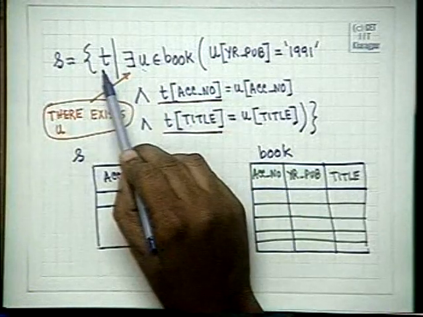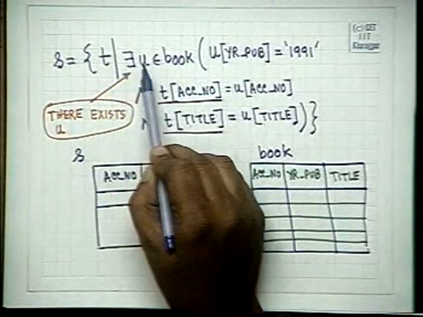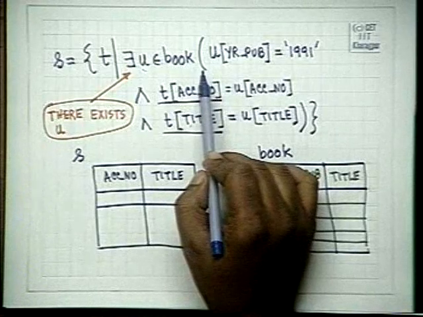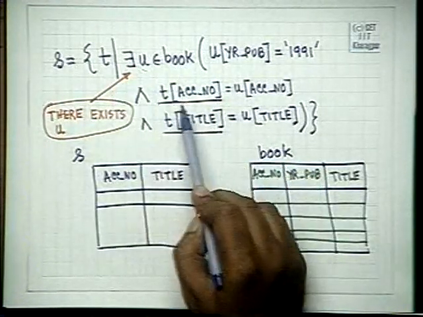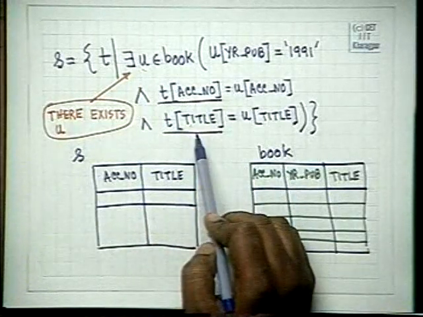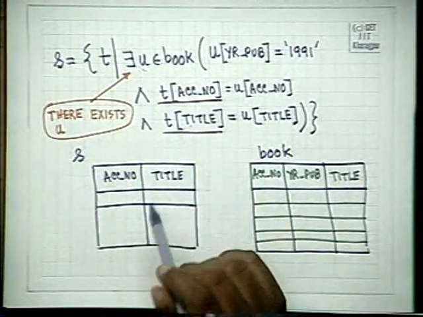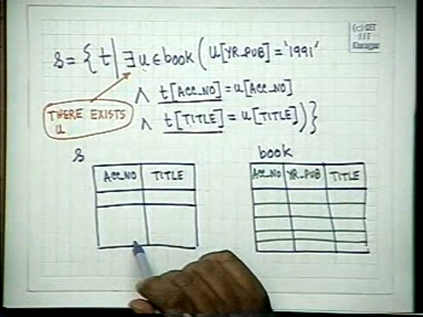So the first point is, when T element of some relation is given, all the attributes of that relation will come. Otherwise, the attributes of T which are explicitly mentioned, they are the only relevant attributes which will be appearing.